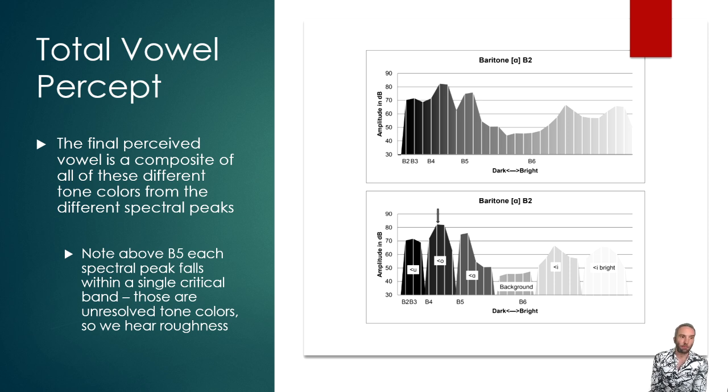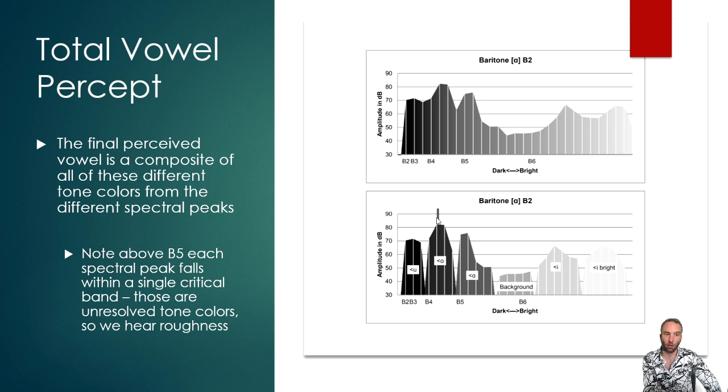And so the final perceived vowel is a composite of all of these different tone colors from the different spectral peaks, right? So we get the peaks that happen in the curve of the spectrum that then have their own composite tone colors, that then weigh into the larger total vowel percept. And we've got a graph of these over here on the right. It's important to note that this arrow right here denotes where we stop resolving the harmonics because of the critical bandwidths.